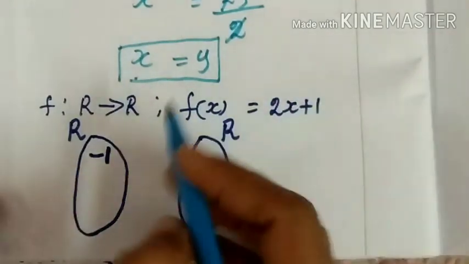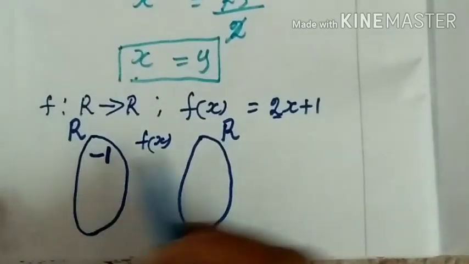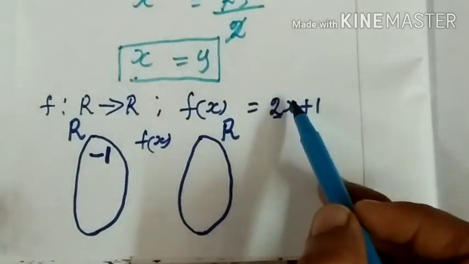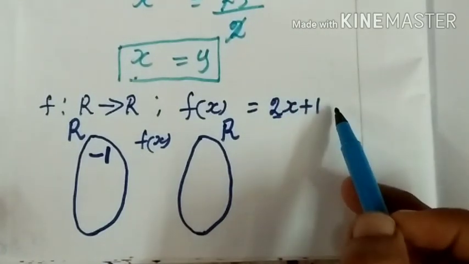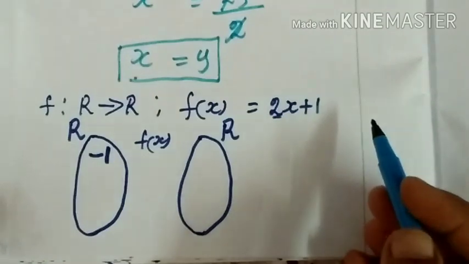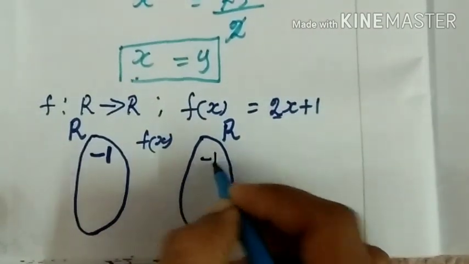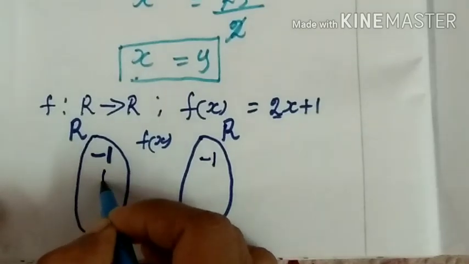The given function is 2x plus 1. So instead of x you apply minus 1, which means 2 into minus 1, minus 2, plus 1. Then minus 2 plus 1 means we get minus 1. Then next I will take the element 1.